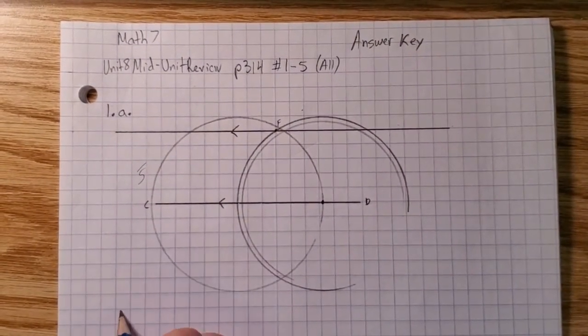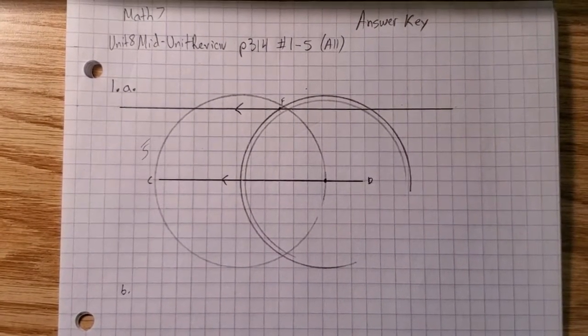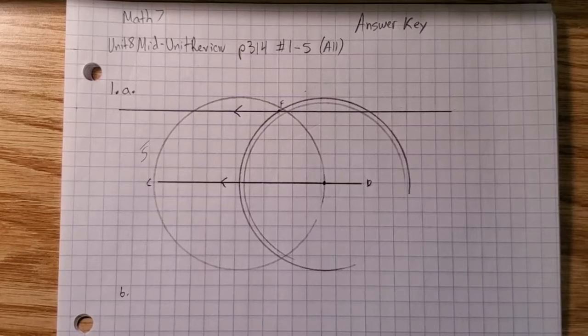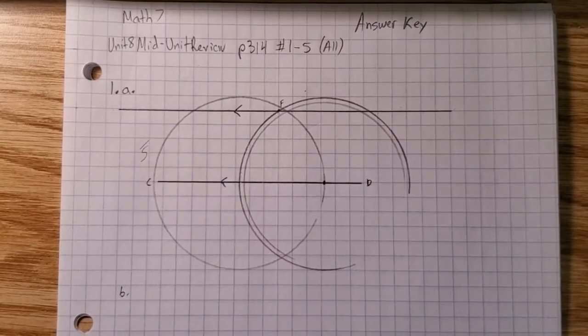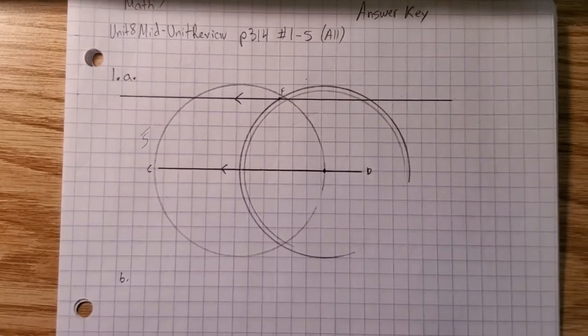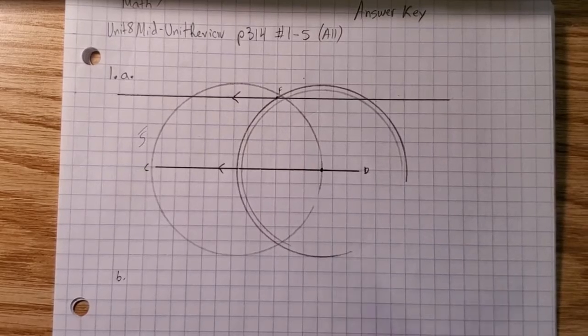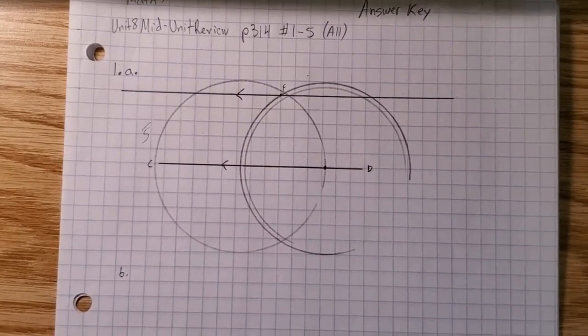1B says to draw a line segment CD again. So draw another 9 centimeter one. Use a different method to construct a line segment parallel to CD that passes through F. So we got to come up with another way that we're going to do this. Let's see.